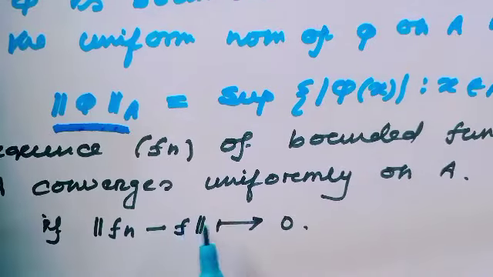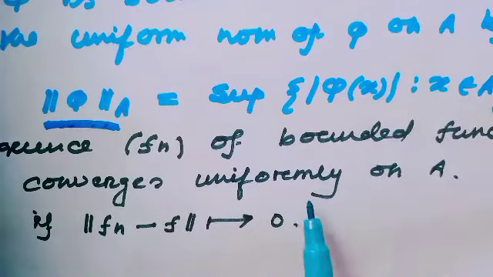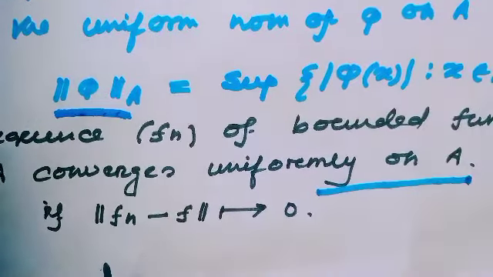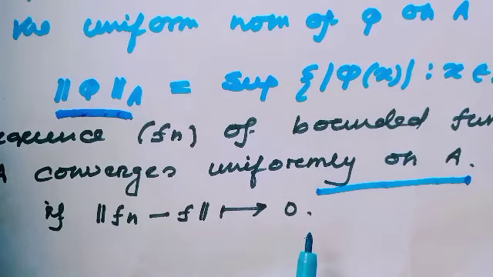Then we can say this sequence of functions converges on the set A if the norm of fn minus f tends to 0. Are you getting it?